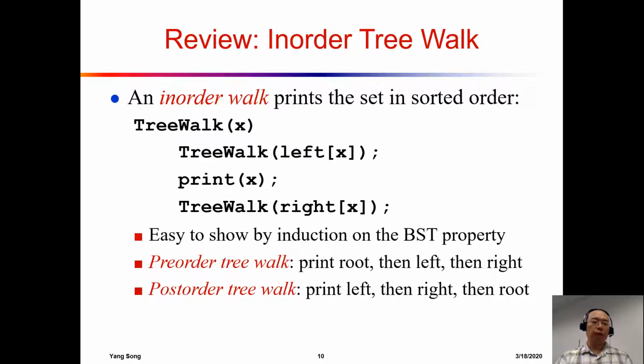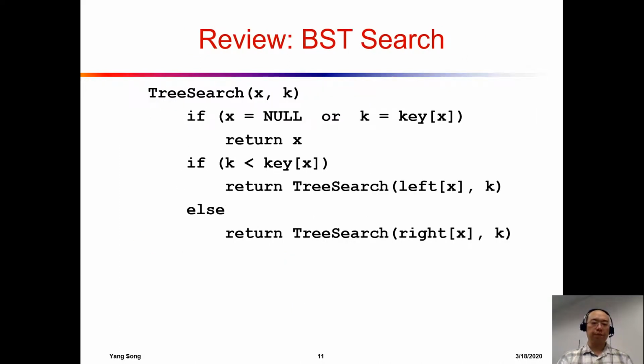If you are visiting a tree, you visit the left subtree first, and then the root, and then the right subtree. So you are visiting all the nodes following this way in an in-order tree walk, and you can also do a pre-order tree walk or a post-order tree walk.